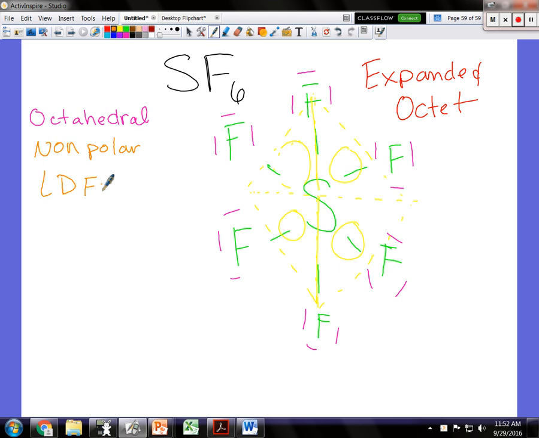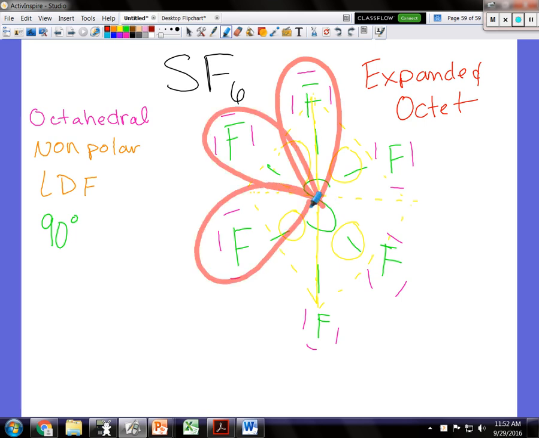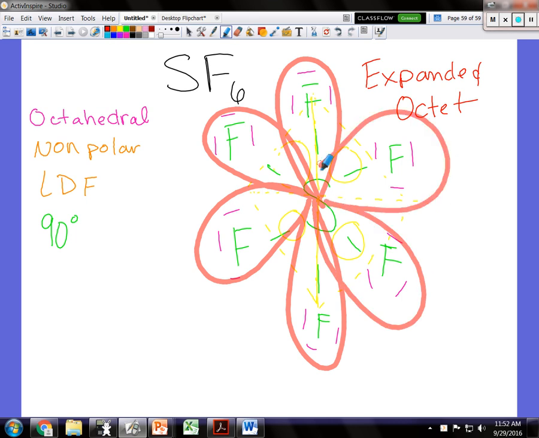Okay? Does anyone have the bond angle for octahedral? It is 90. Very good. 90 degrees. And then the hybridization, which is the fun part. They can ask you any of these questions. Okay? So, S, P1, P2, P3, D1, D2. Okay?